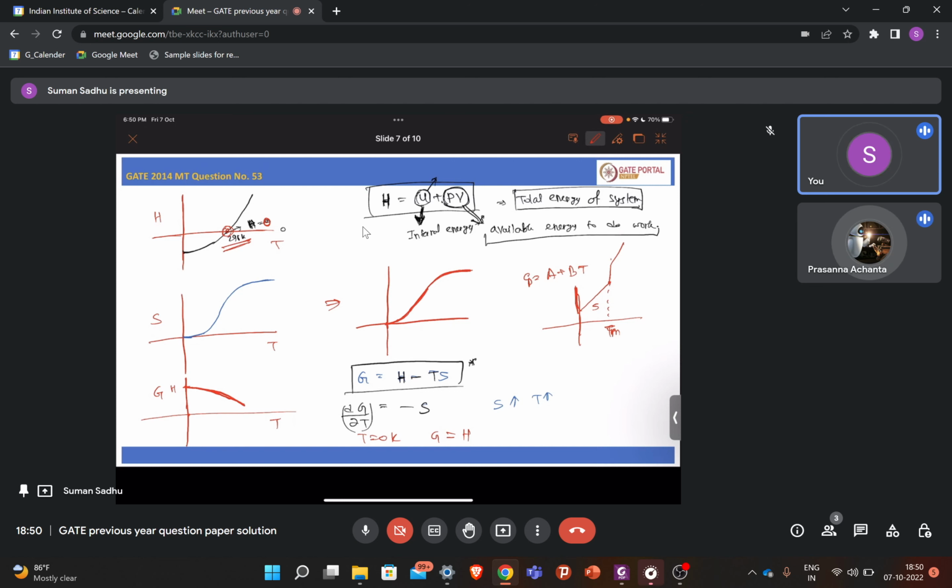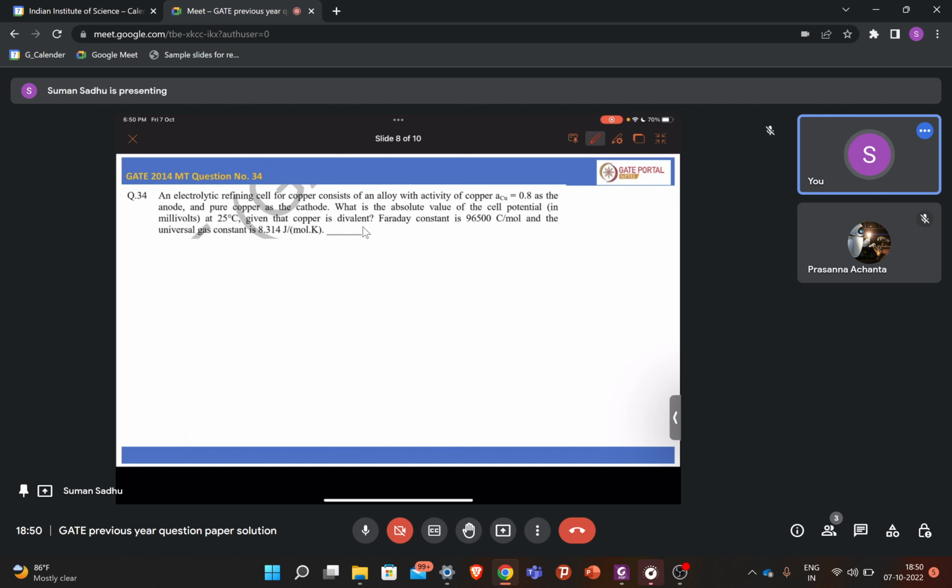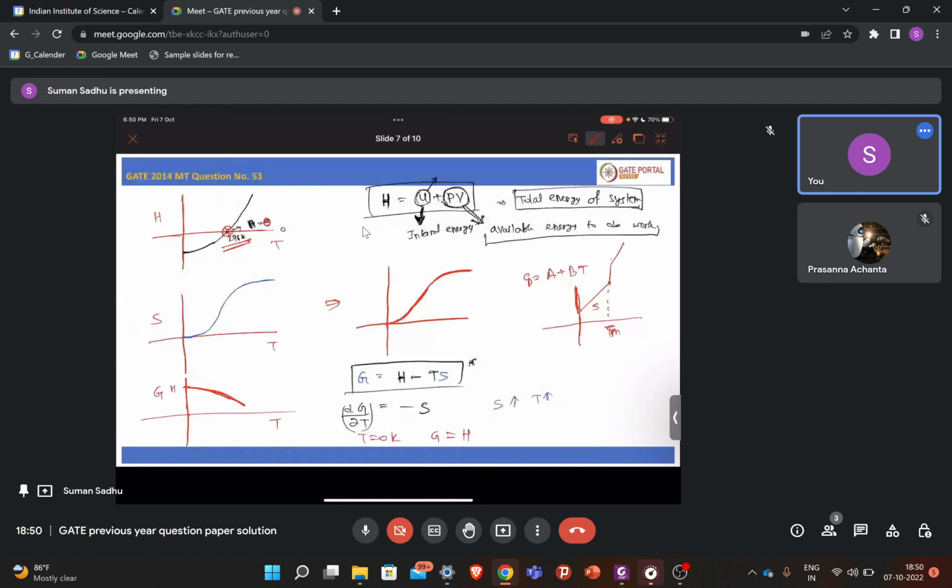So for that, people generally take 298 K, or room temperature, as a reference value, and then see how much change you get as you go above or below that temperature. This is the room temperature you are taking as reference.